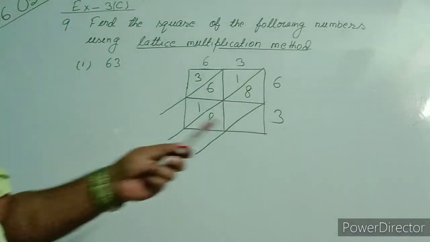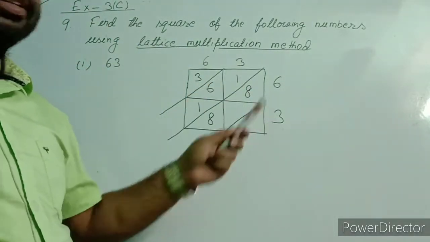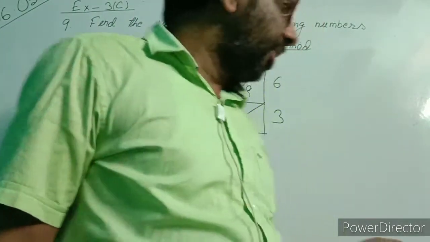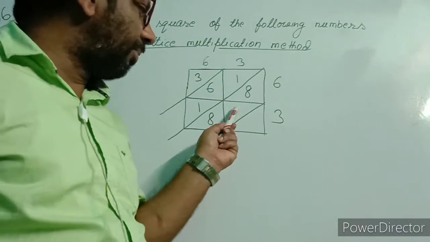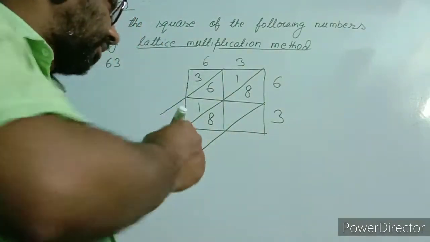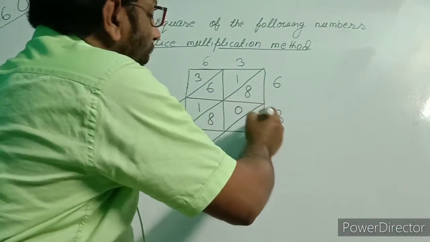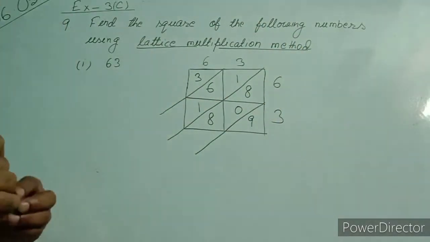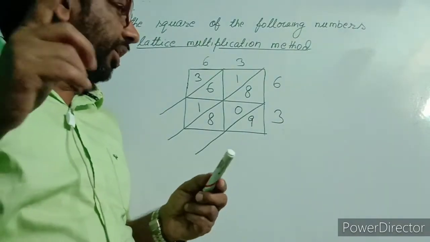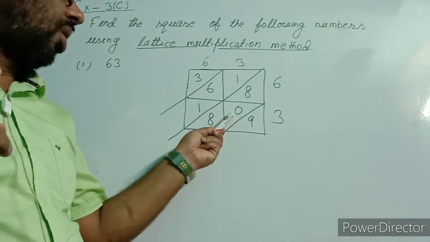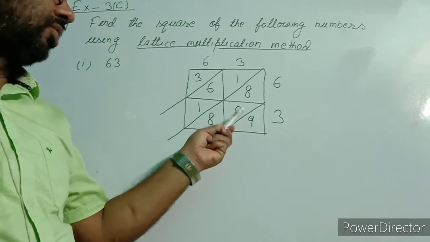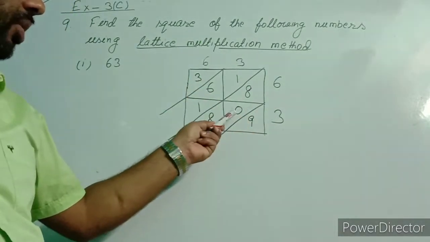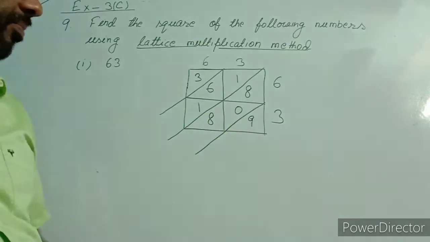And again you multiply this 3 and this 3. You are getting 9, but you have 2 places to write. So at the first place you write 0 and in the second place you write 9. When you get the multiplication of only one digit, then in the above box you write 0, in the lower box you write that multiplication. Here I got 3 3s are 9, so I wrote 0 here and 9 here.